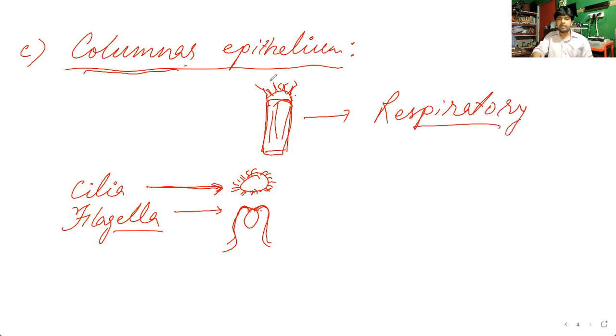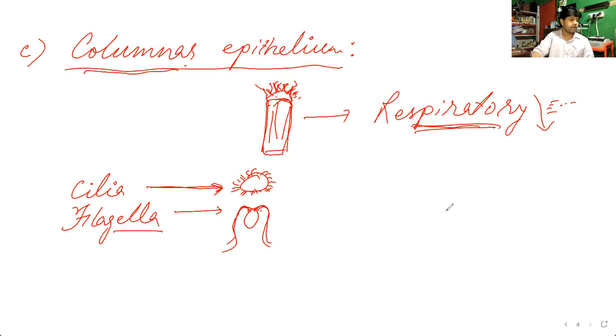The cilia or flagella which are present help to filter the air that is going through them. Respiratory tract means our windpipe. Through the respiratory tract, the air is going, and that air may have so many dirty materials in it. All these dirty materials are filtered by the cilia present in this columnar epithelium.